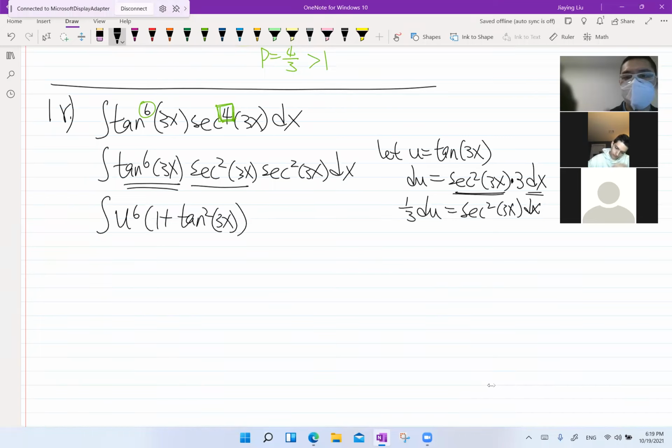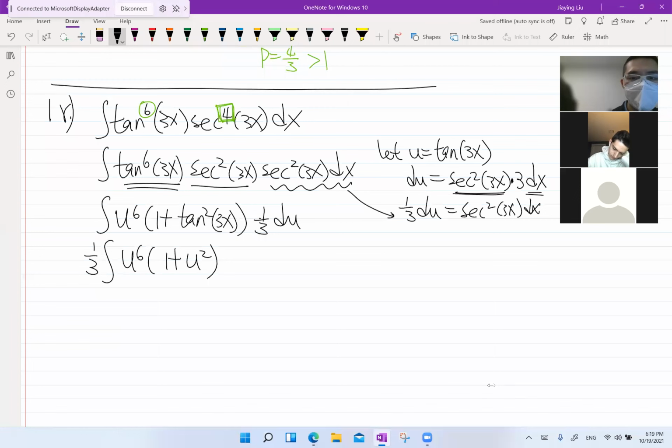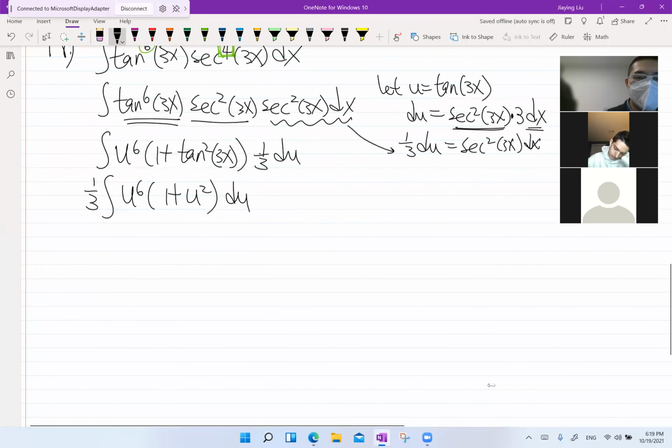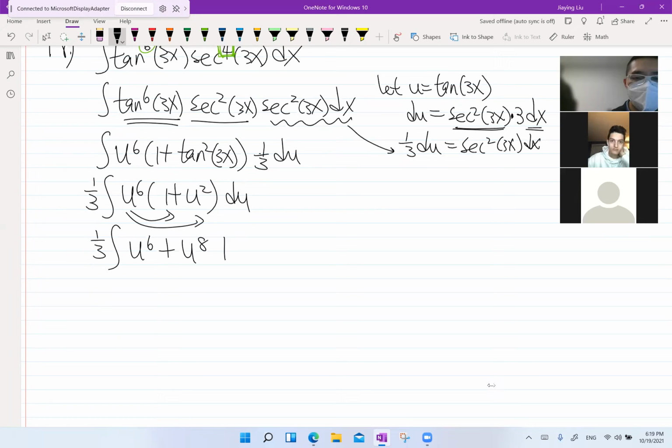The second secant squared dx will go away and be replaced with 1/3 du. For me, I always move constants outside. So 1/3 goes outside. I have u to the 6th times 1 plus tangent squared 3x, that's 1 plus u squared du. From there, you can distribute the u to the 6th. So I get 1/3 integral of u to the 6th plus u to the 8th du.